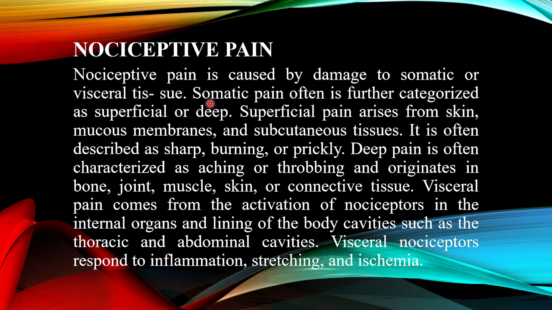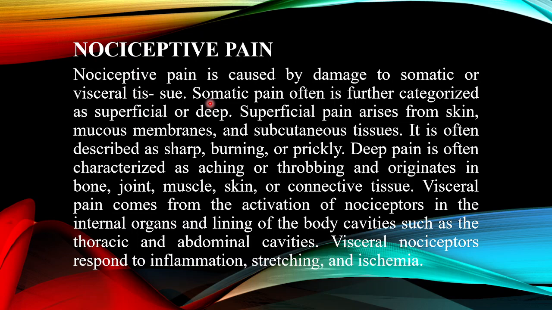Somatic pain is usually isolated to a particular part of the body, and it is often made worse with some movement. It is a nociceptive pain caused by an injury or inflammation. This is somatic pain.